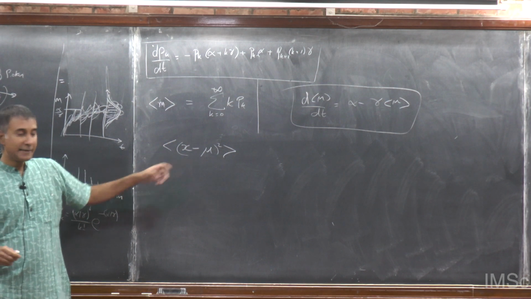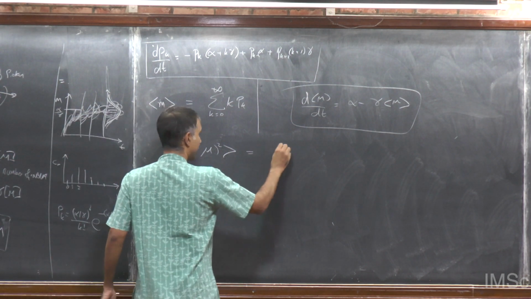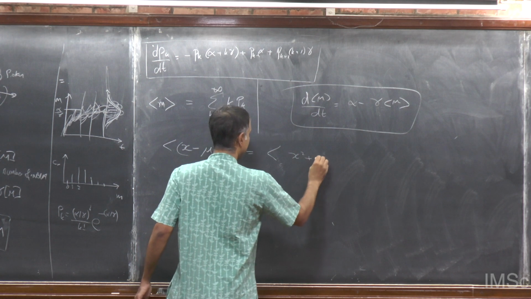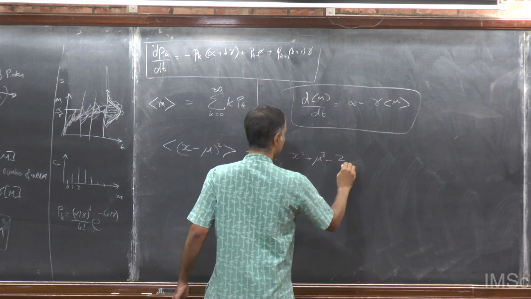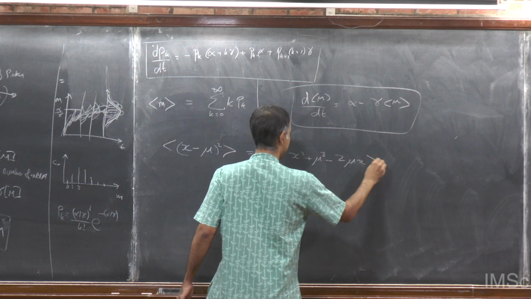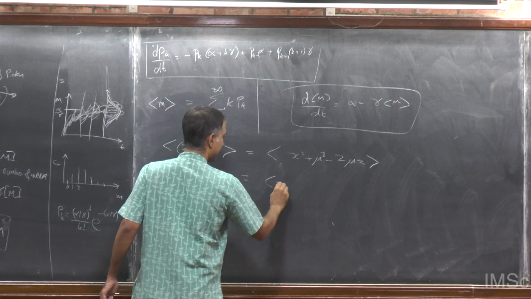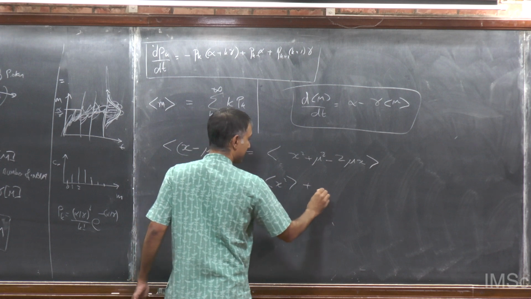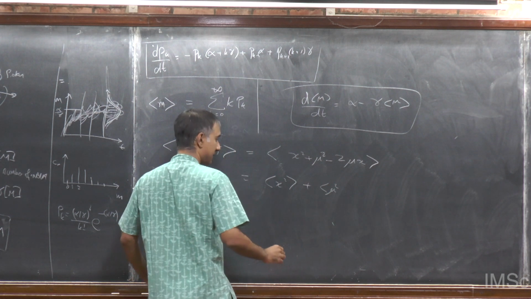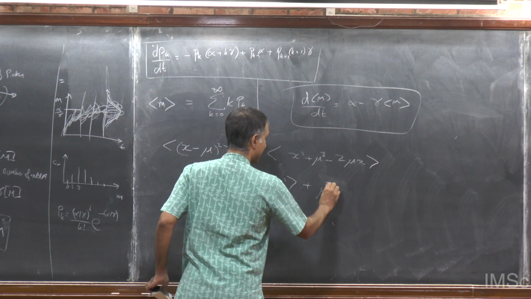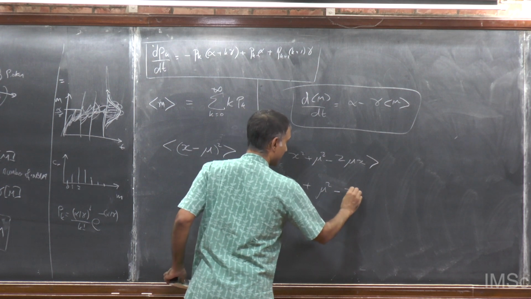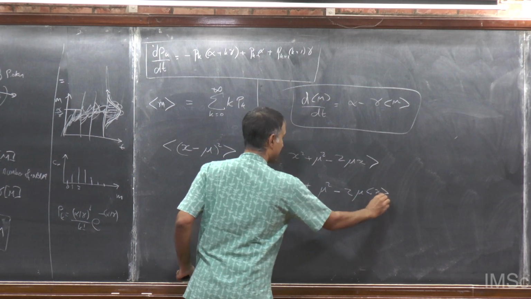If you expand it, what do you get? You get x squared plus mu squared minus 2 mu x, which is x squared plus mu squared, but mu is just a constant, so averaging it doesn't do anything, minus 2 mu times x.